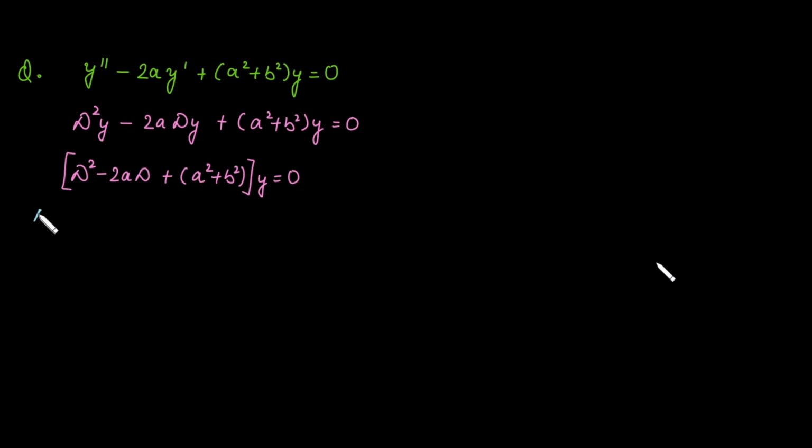So the auxiliary equation in this case is, replace D by m. So we have m square minus 2a into m plus a square plus b square, and y is replaced by 1, is equal to 0. Now apply the formula in order to get the roots. So m is equal to minus b.